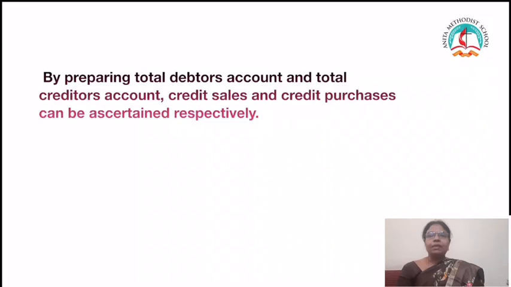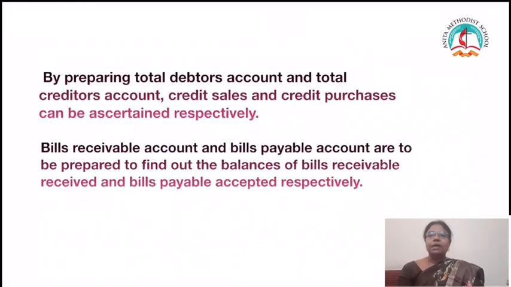Bills receivable account and bills payable account ought to be prepared to find out the bills receivable and bills payable accepted respectively. The final step is to prepare trading and profit and loss account and balance sheet.